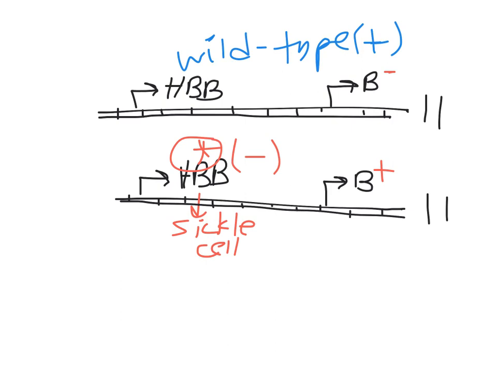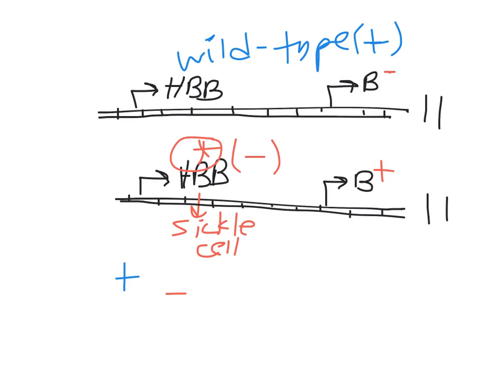This person has 1 plus and 1 minus. A genotype is a description of the genetic composition of a person at whatever gene or spot on a chromosome we're talking about. What's the genotype of this individual at HBB? They're plus, minus: 1 plus, 1 minus, 1 wild type, 1 mutant version.